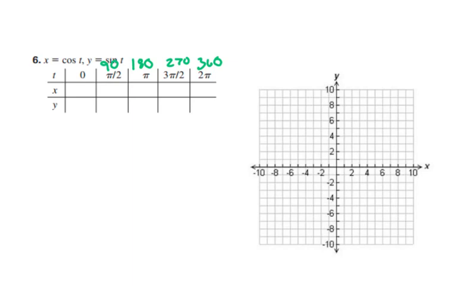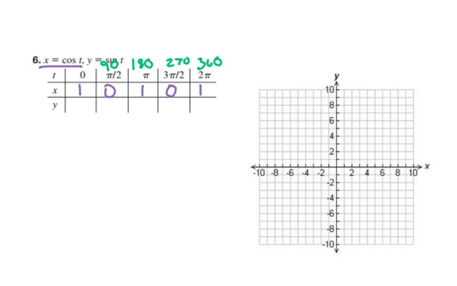Alright, so either way, at x of 0, so plugging in a 0 for cosine of t, cosine of 0 is 1, cosine of 90 degrees is 0, cosine of pi, and we end up kind of with this pattern here of 1s and 0s.